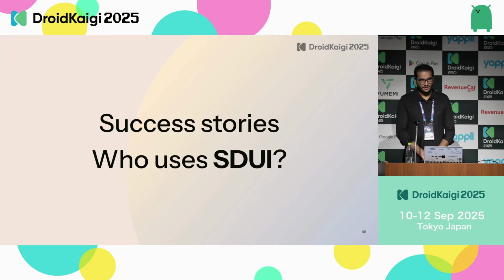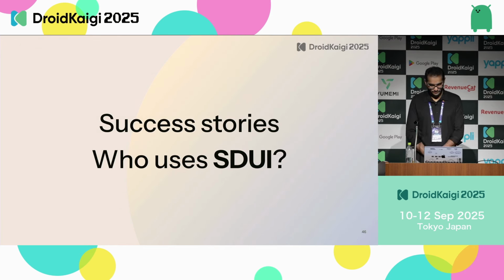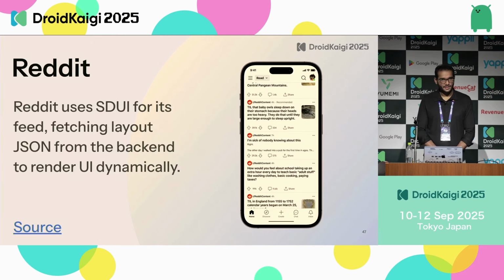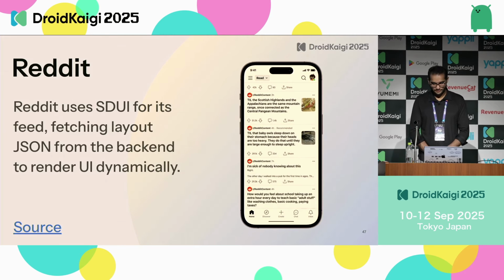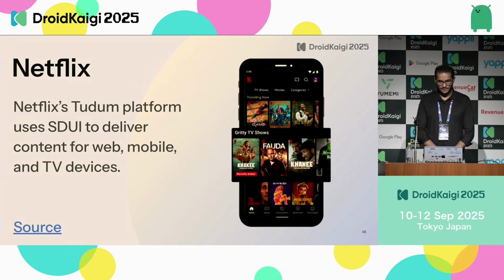So let's see who is using the SDUI in the real world. Reddit. They use SDUI for their feed screens. Netflix has an app called Tadam. They deliver content across mobile, web, and TV using SDUI.